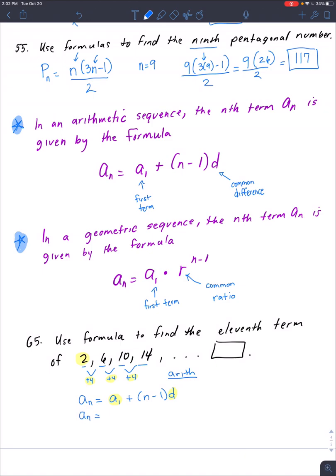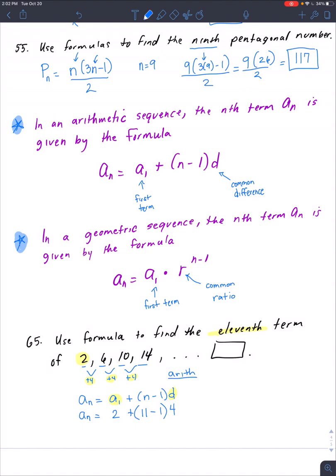So first thing is we're going to plug in some things. So a sub n is equal to 2, my first term. And what term are we looking for? We're looking for the 11th term. So when n is 11, also d, we said the common difference was 4.